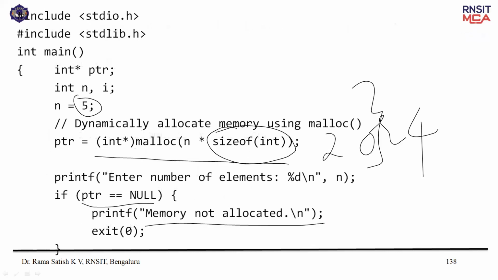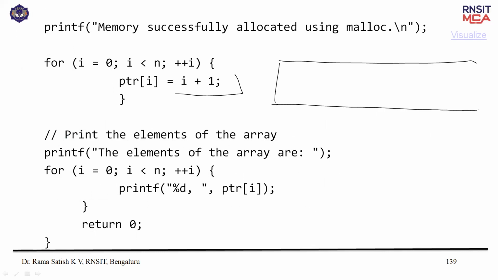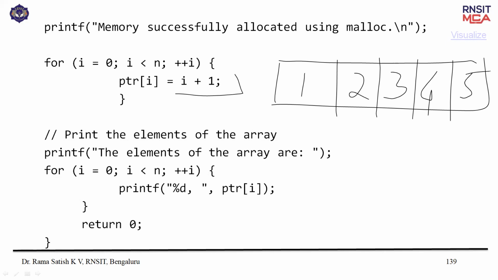The name of the pointer is ptr, and you can use it like a normal array. ptr of 0 is nothing but 1. So 5 elements are allocated to the pointer: 1, 2, 3, 4, 5. 1 is stored in the first cell, 2 in the second cell, 3 in the third cell, 4 in the 4th cell, 5 in the 5th cell.